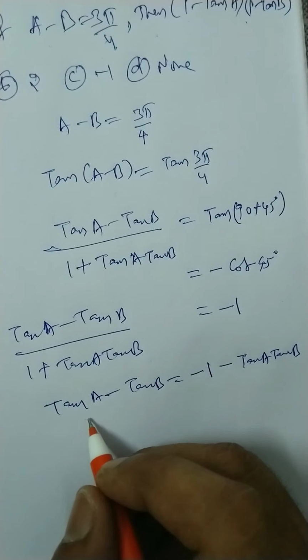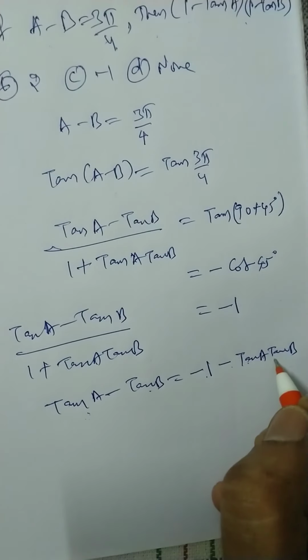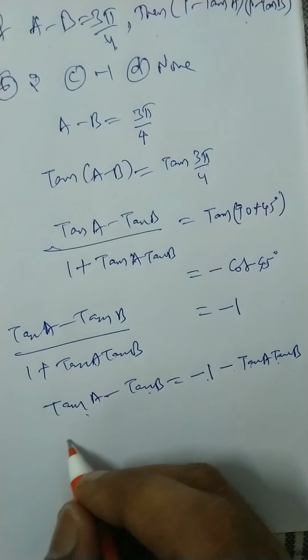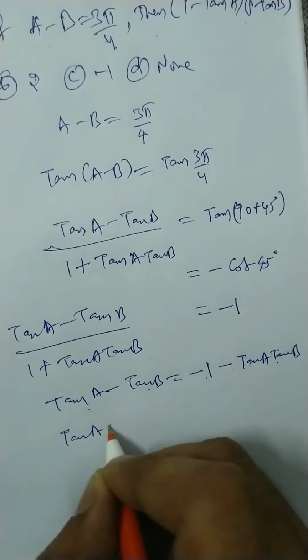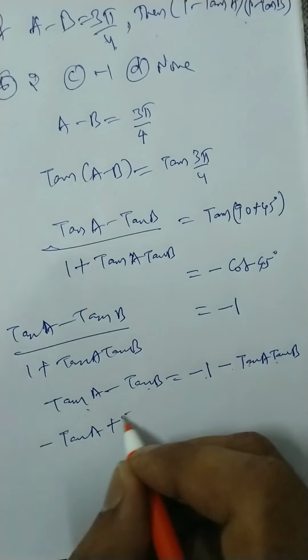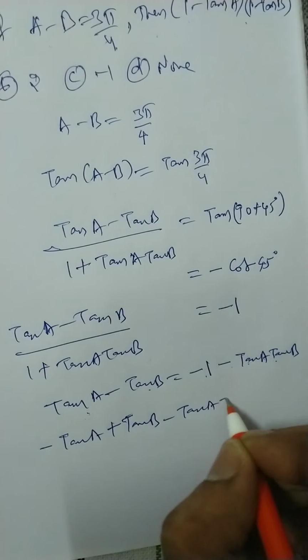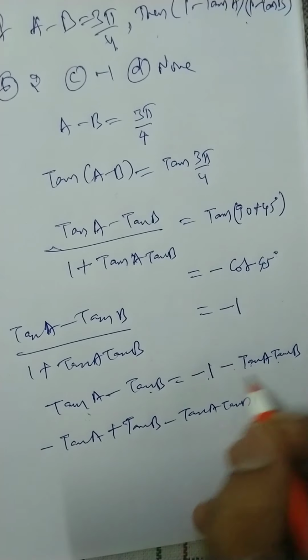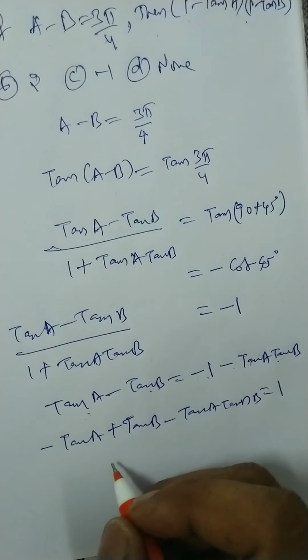So here the tan a minus tan b value is minus 1 minus tan a tan b. So taking tan a to the right side, we get minus tan a. Tan b to the right side, we get plus tan b minus tan a tan b, which is there, and taking minus 1 to the left side, that equals 1.